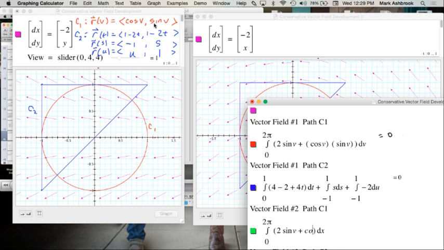Is that right? Agree? Cosine squared dv? Is this line integral right?